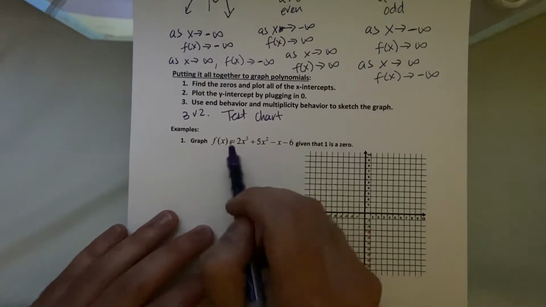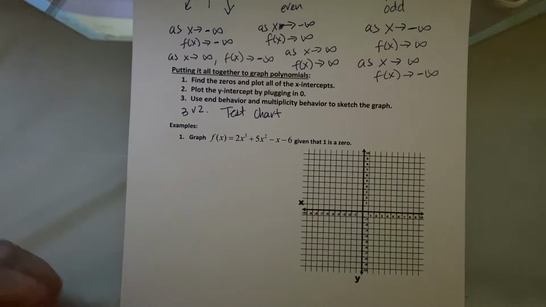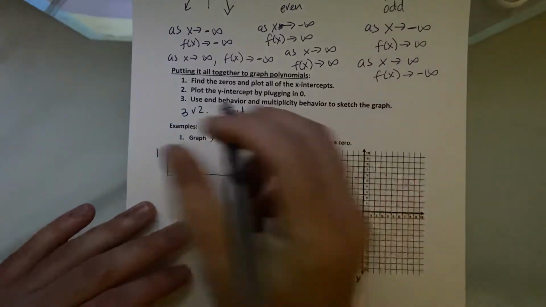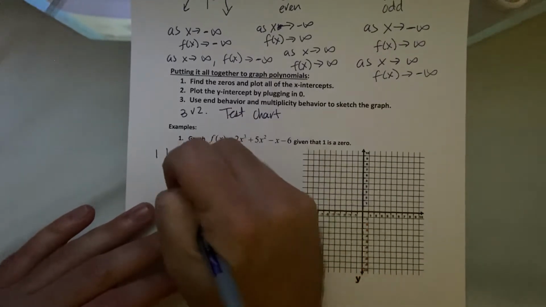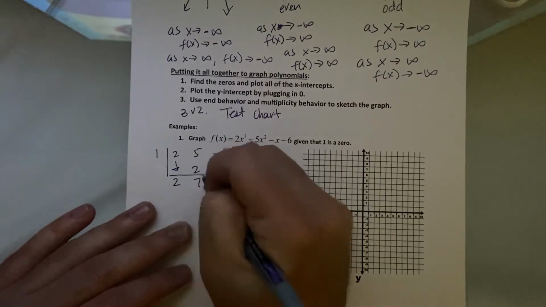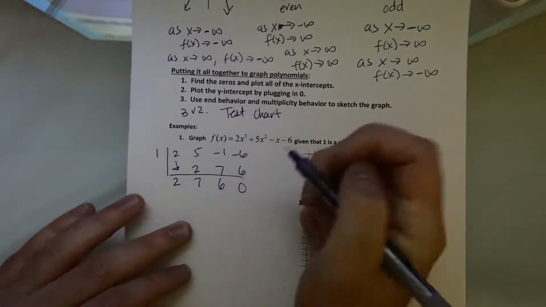See what I mean? So say, find the zeros of f of x equals 2x cubed plus 5x squared minus x minus 6, given 1 is a zero. So if 1 is a zero, I can factor it out to find the other zeros. 2, 5, negative 1, negative 6. 2 times 1 is 2, so this is 7, 6, 0.